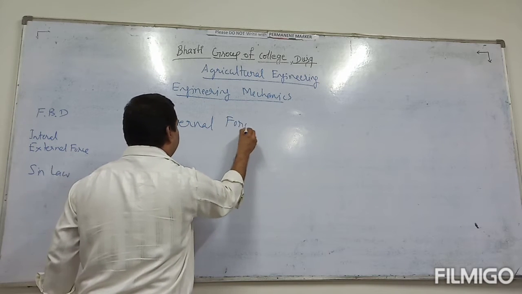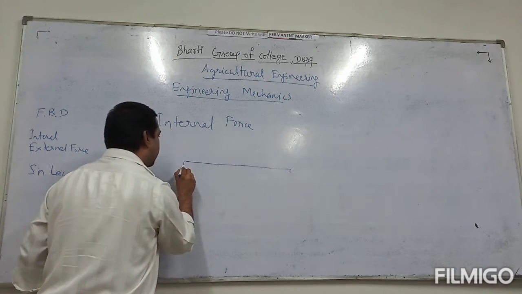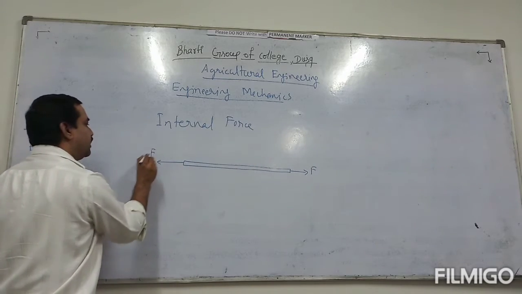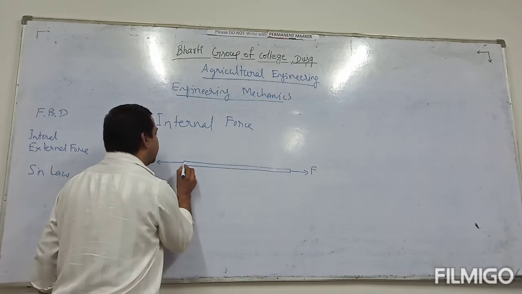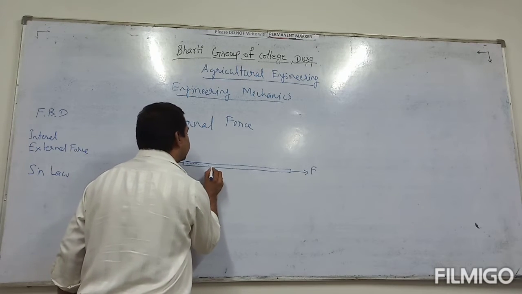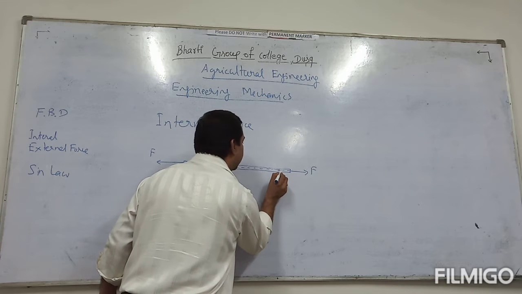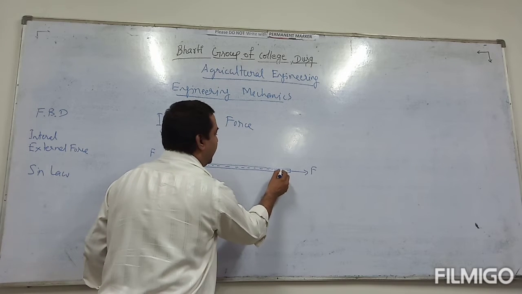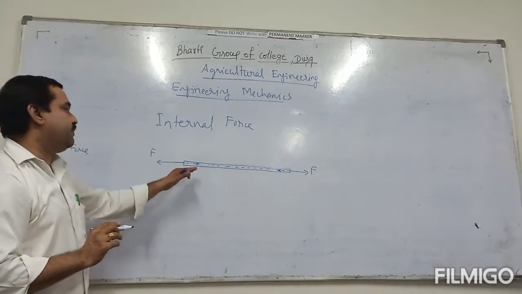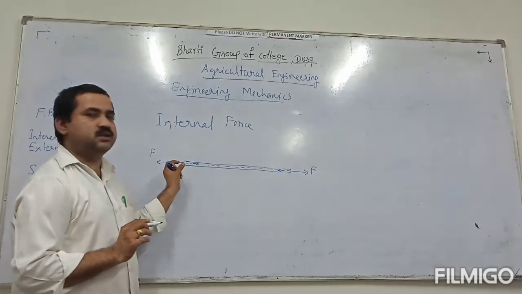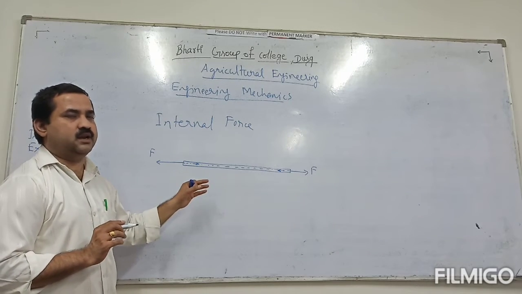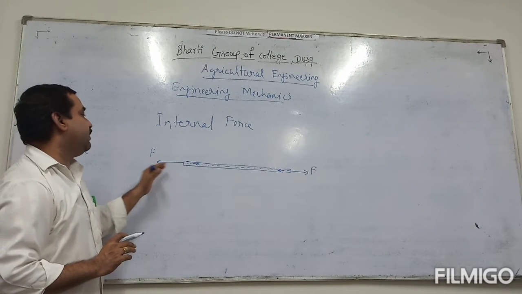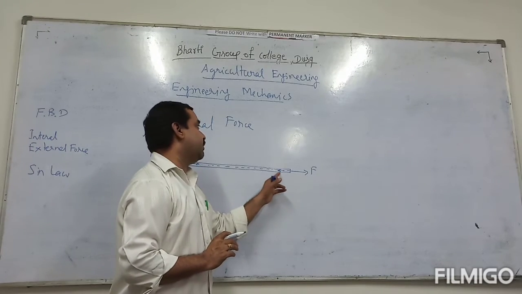Internal force: if a rod is here and some force F is acting on the rod, then inside the rod some forces also act in this direction and in this direction, equal to this force F. Because of the internal particles of the rod, the material gives the force internally, and this force is accommodated by this force.